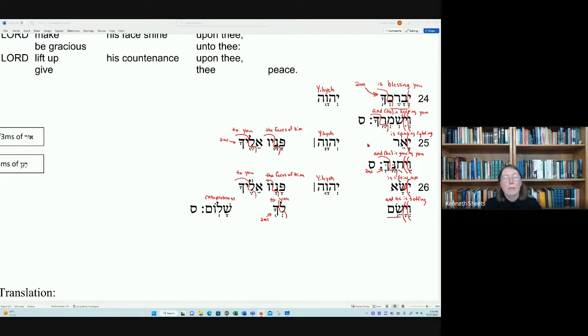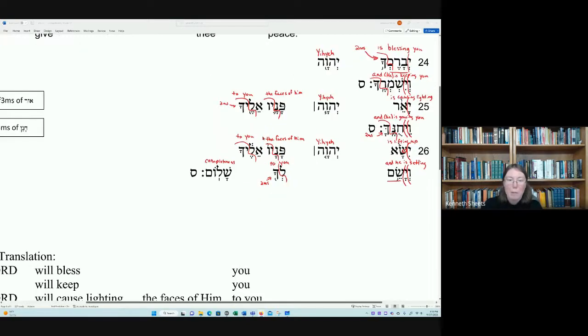In other words, remember in the context here, Aaron is talking to all of the elders of Israel, especially. But he's not addressing them here as a group. He's saying to you, to you, to you individually. So in other words, this is a blessing that is being pronounced upon each of the individuals that is present instead of upon just the collective, which is just kind of an interesting thing to think about as well.